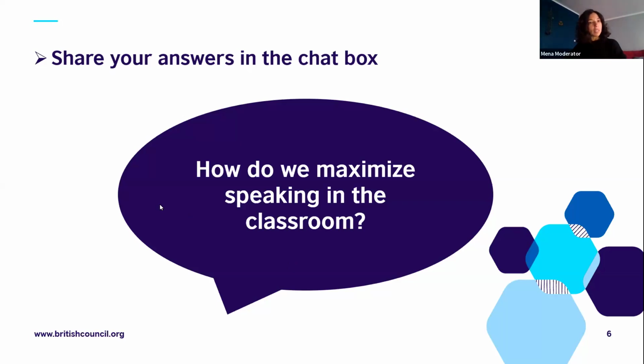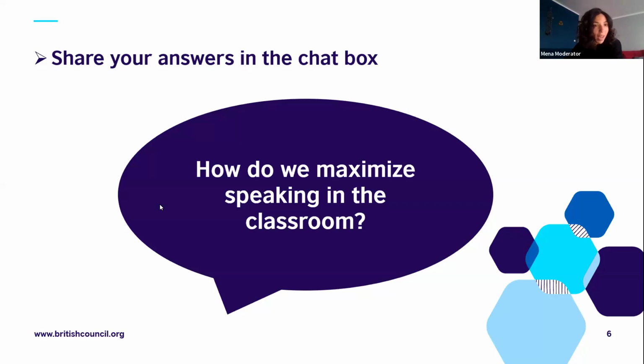Absolutely. So avoiding criticism, praise, providing opportunity through role plays, working on their confidence, absolutely. Group work and pair work, so interaction patterns, very good. Starting with the simple familiar topics where they can actually speak about it, absolutely. So many great ideas.